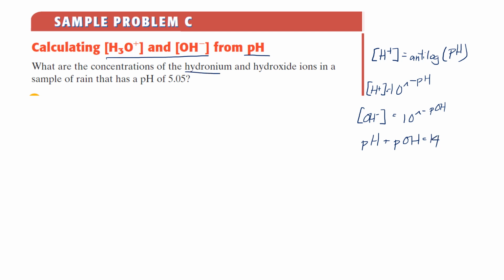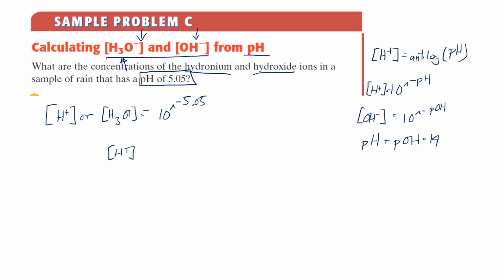It wants to find the hydronium, which is this guy, basically H plus, and the hydroxide, which is this guy, from a pH of 5.05. Okay, so to find the H plus concentration, you know, sometimes our book likes using H3O plus. The math is the same. One's a hydrogen ion, one's a hydronium ion, but they're basically the same thing. So our hydrogen ion concentration is going to equal 10 to the negative 5.05.